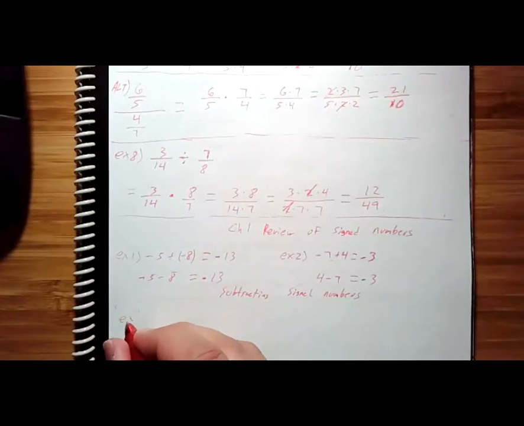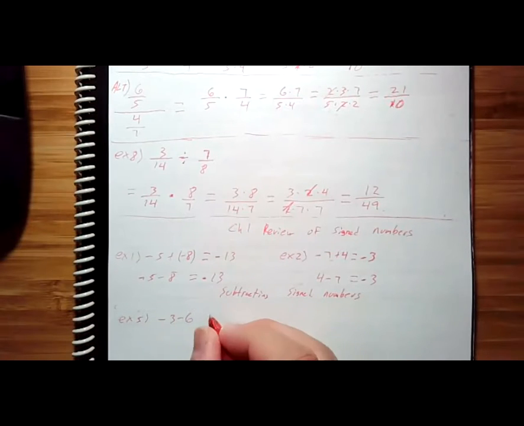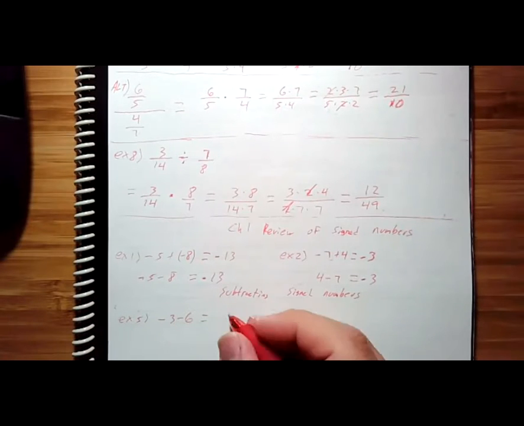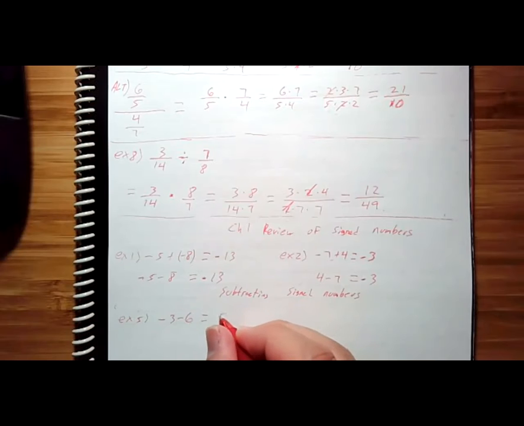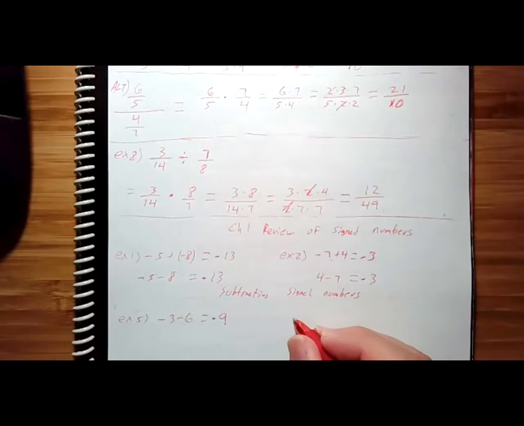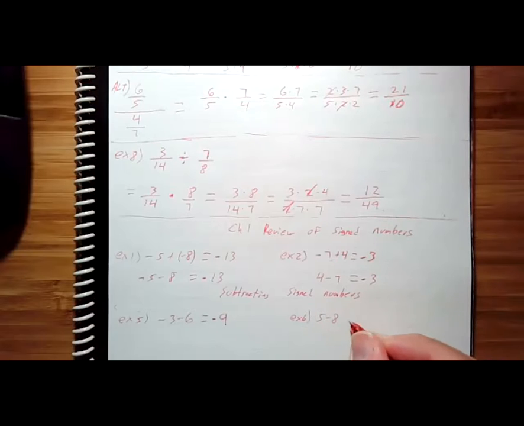Okay, so this is example 5. I'm going to skip 3 and 4. So same deal here. -3 minus 6. They are both negative. So add them together. 3 plus 6 is 9. Keep it negative. Five minus 8, what is that going to be?